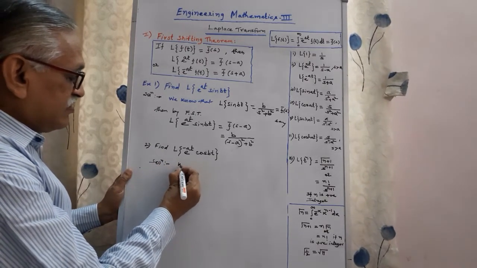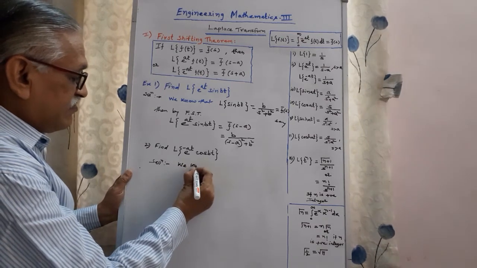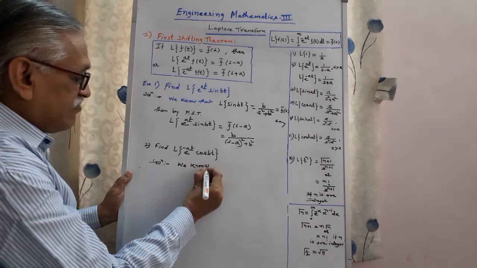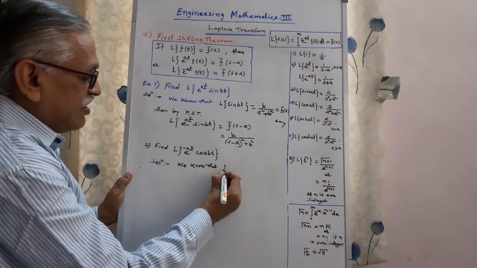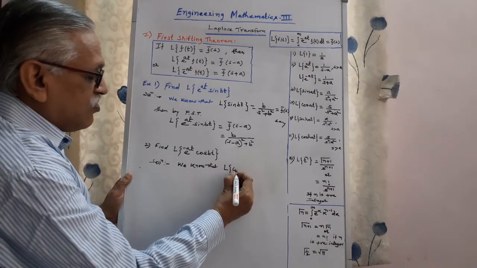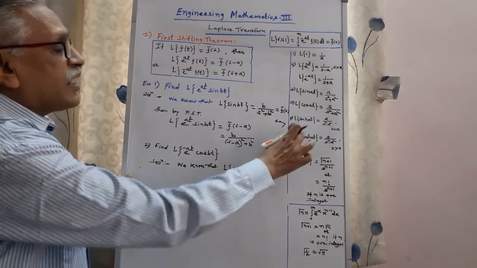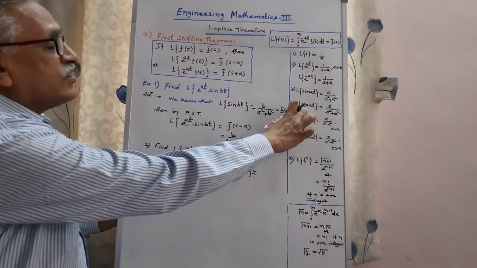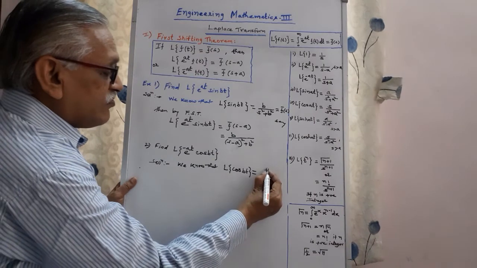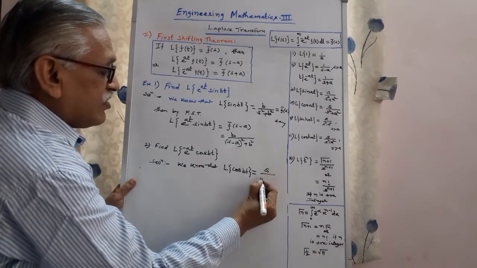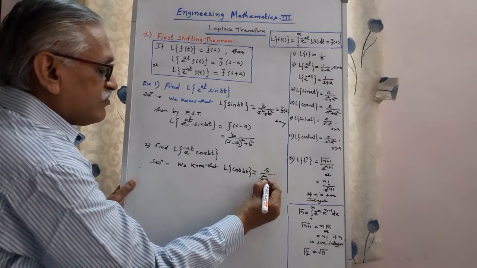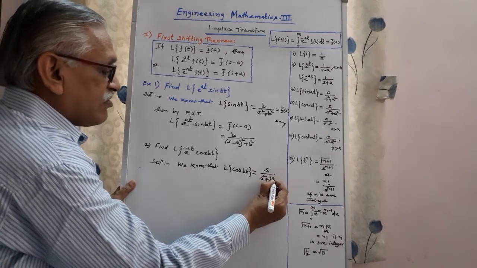we know that Laplace of cos of bt, a standard result for this, is s upon s square plus b square.